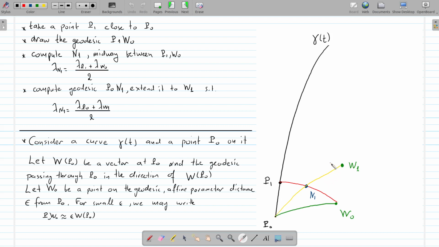So that will give us a unique point W1. We define the infinitesimal vector P1W1 to be the one that is parallel transported from P0 to P1, that is, the parallel transport of P0W0 along W to the point P1.